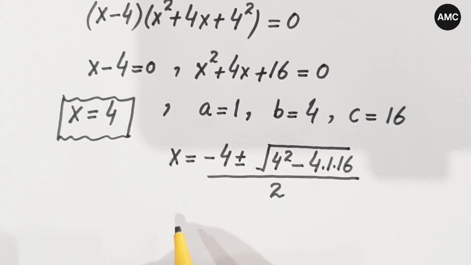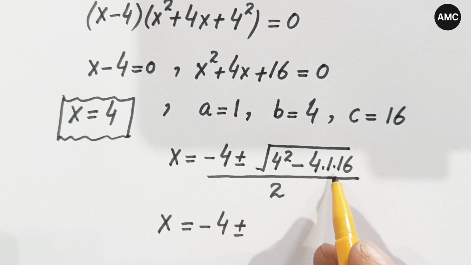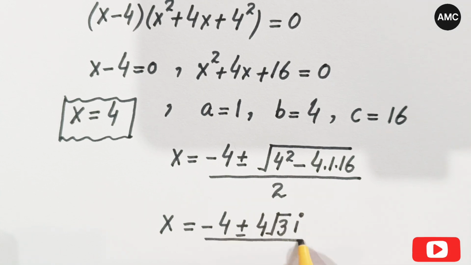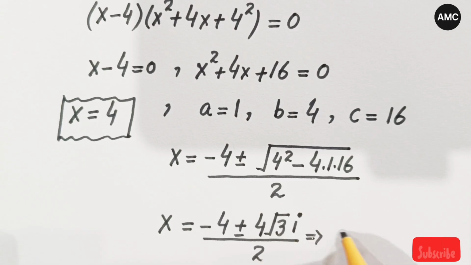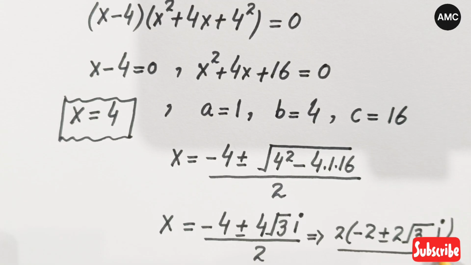Now here x is equal to minus 4 plus minus, here we have 4 squared minus 4 times 16. We get the same result, which is 4 times square root of 3 i, all over 2. So taking 2 as common, inside the bracket we get minus 2 plus minus 2 times square root of 3 i, all over 2.